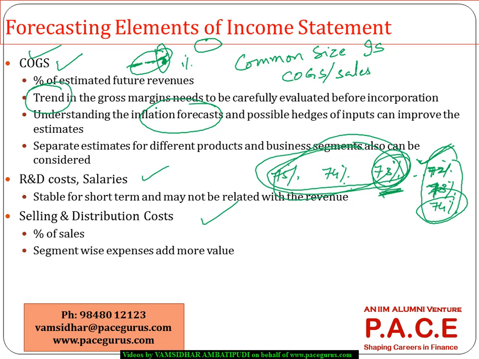Probably in the next couple of years the country is going to face heavy inflation. Some kind of forecast talked about the inflation of the country in the next couple of years. And then understand, will this particular input also face a very heavy increase in price? If that is the case, it's better for me to increase the cost of goods sold as a proportion of sales, not just at 73 or 74, but probably 75 or 76 would be more appropriate.